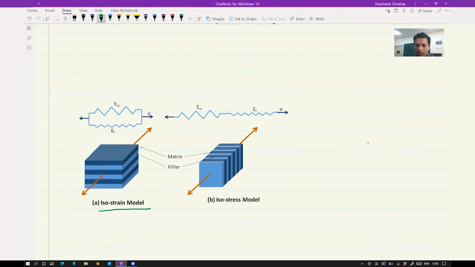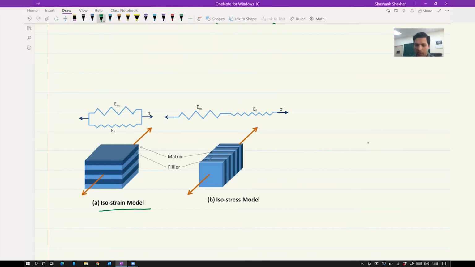And if you were to draw it as a resistance model, it would be shown like this, where you have sigma being applied to the matrix and the reinforcement, where both of them are in parallel. So if you apply a load, both of them will expand equally, and therefore the strain in the matrix as well as the strain in the reinforcement would be the same. On the other hand, what happens here is that the strain in the matrix and the reinforcement will not be the same.